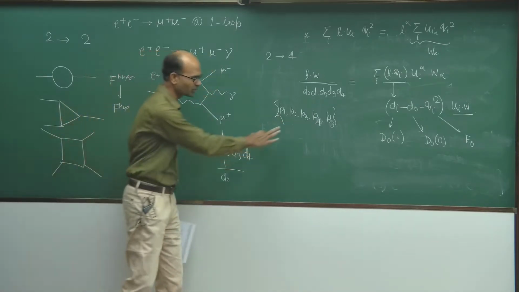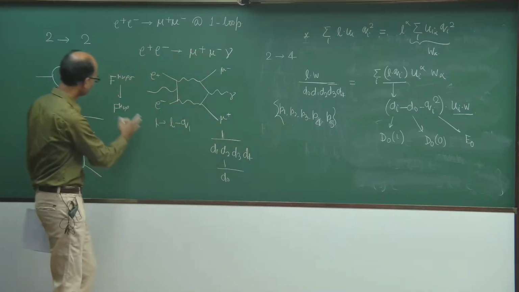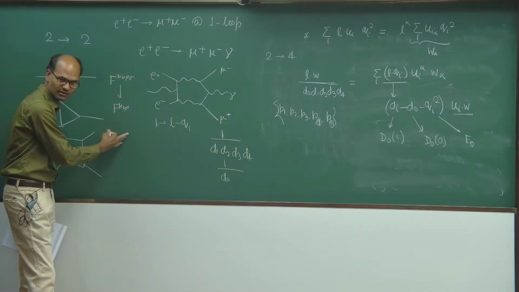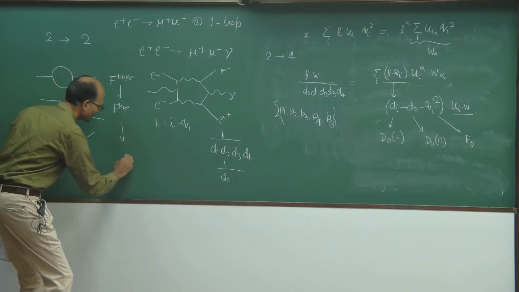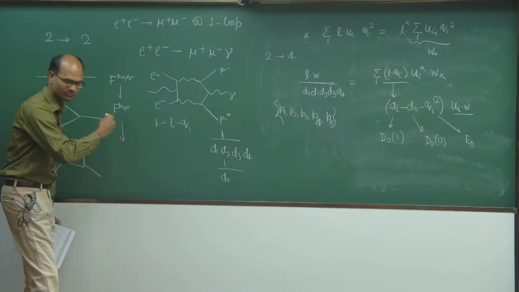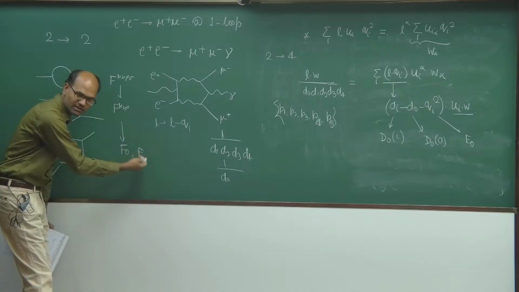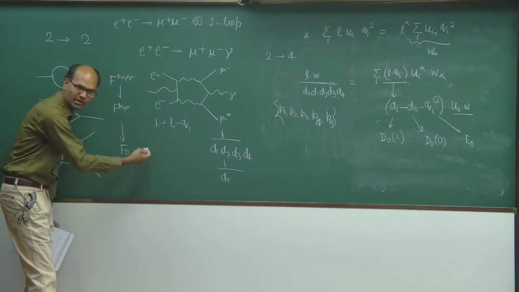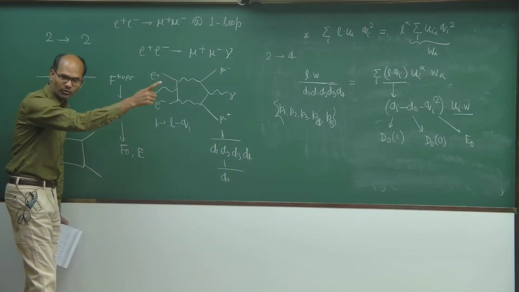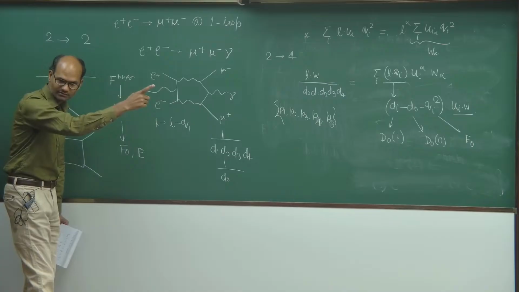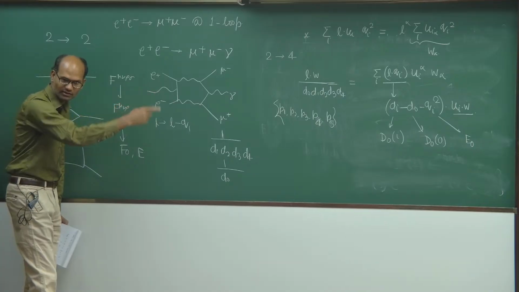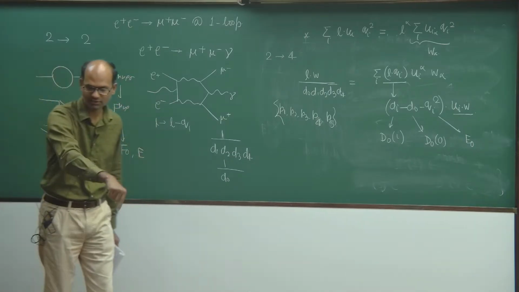So you make that choice and continue with this. At some stage you will reach F0 and E's, which will depend upon the 4 momenta with which you had started, and therefore the process continues.